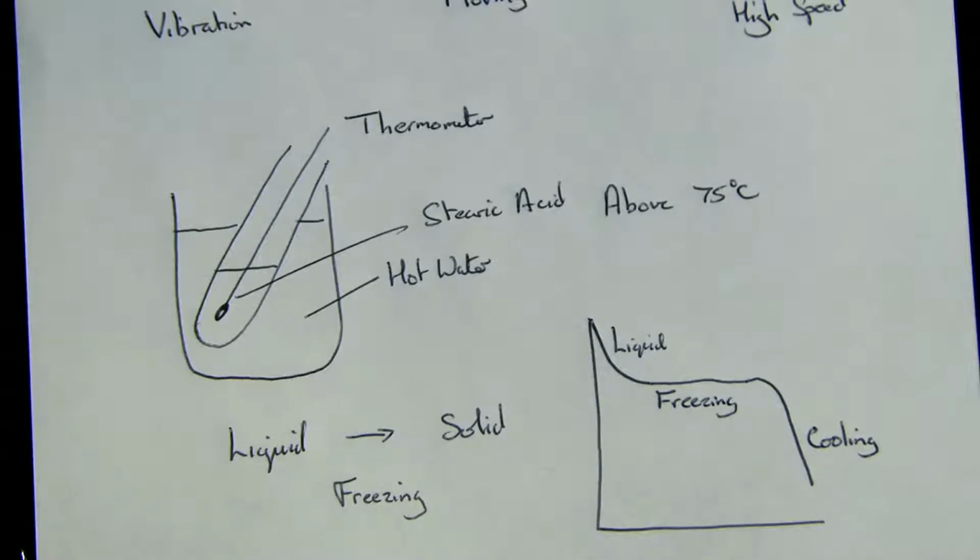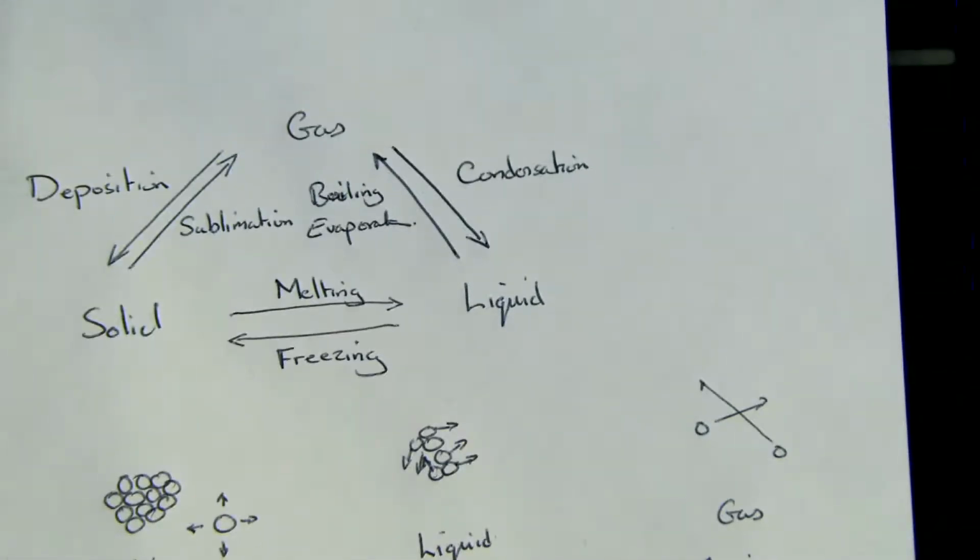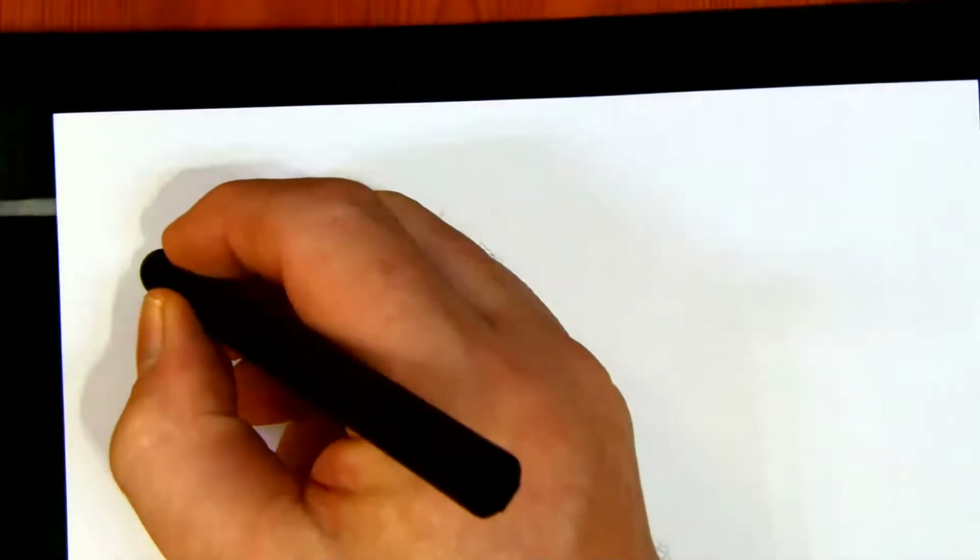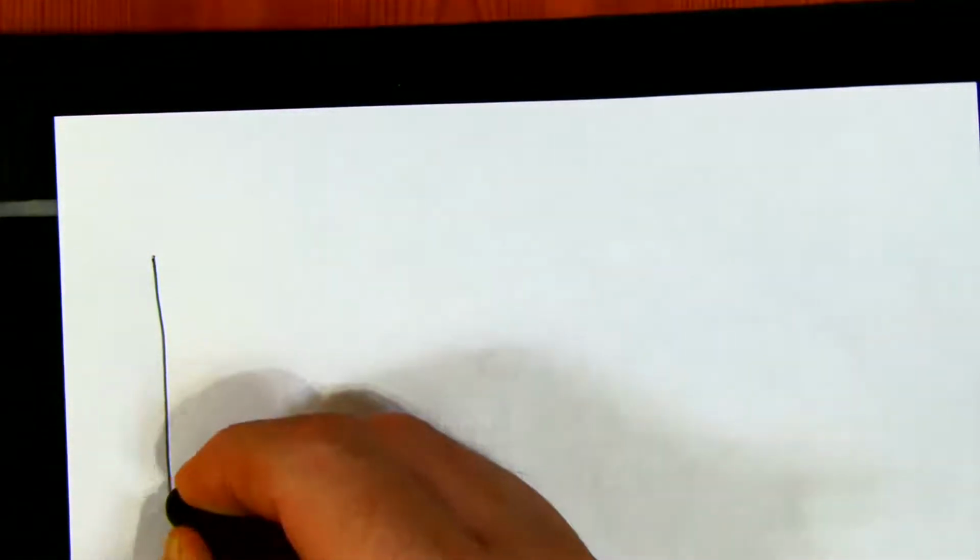Let's look at a heating curve. If I were trying to heat stearic acid up, and this is sometimes another experiment that I do, if we're getting the students to do this, I get them to do the experiment twice, one heating it up, one cooling it down.